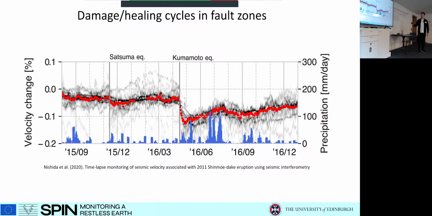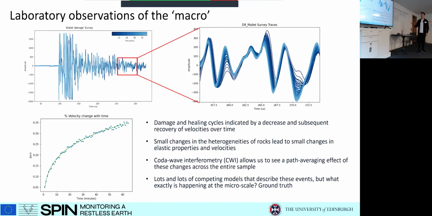So while we can see this in the field, it's also important that we can replicate this in the lab. So earlier on in my PhD, I wanted to get a sense of what is the magnitude and the time scale that we see these damage and healing events occur.